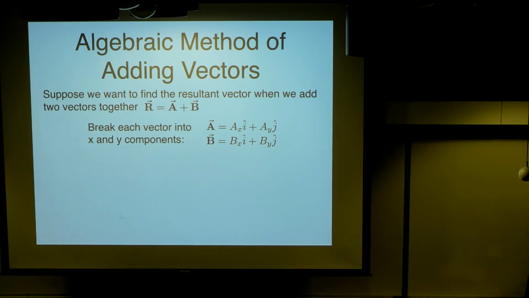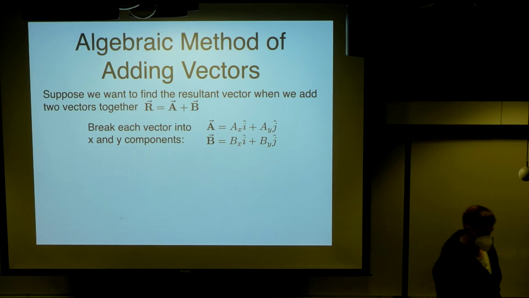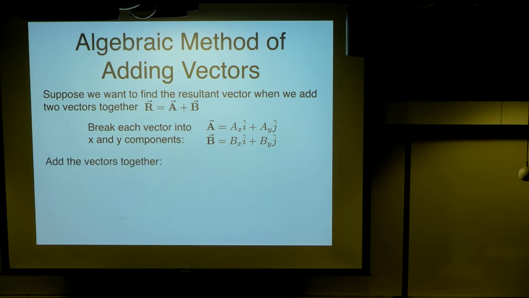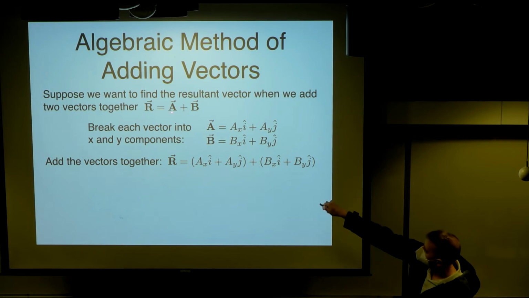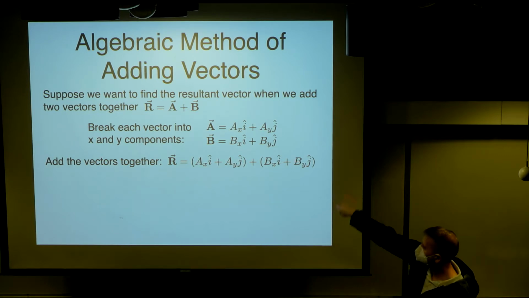So all I'm going to do is take these expressions where everything is broken down by components and then put it into here. Okay, so here's what we have. When we add the vectors together, the resultant vector R is vector A, which is AX I hat plus AY J hat, plus vector B, which is BX I hat plus BY J hat.